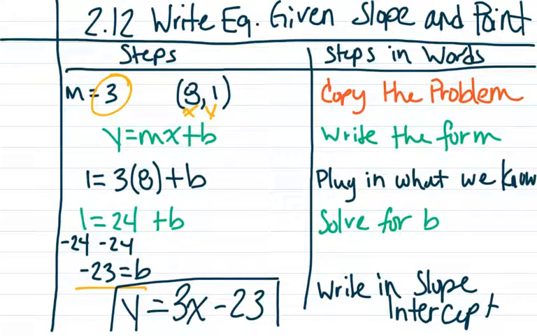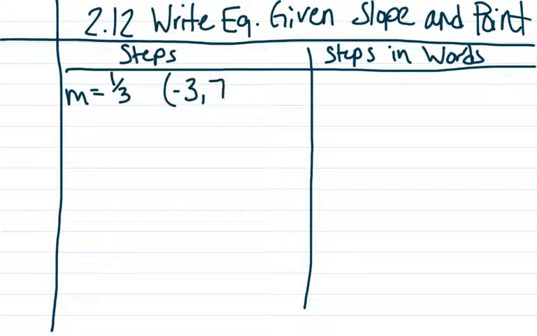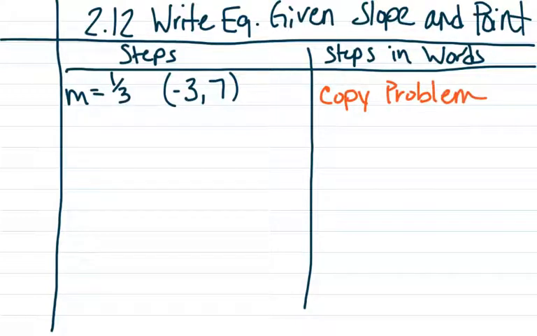So let's go ahead and get a fraction one, because fractions can be a little bit harder. So in this case, we have our slope is 1/3, and our point is (-3, 7). So we're going to copy the problem. And then of course write the form.